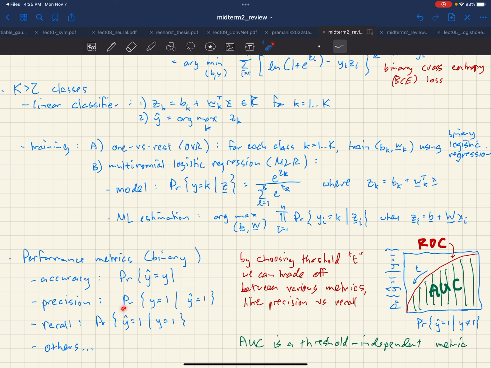So precision is the probability that the true label equals 1 given that your guess equals 1. Recall, you flip it, you say what's the probability that your guess equals 1 given that the true label equals 1, and so on. And there was sensitivity and specificity and a few other ones as well.